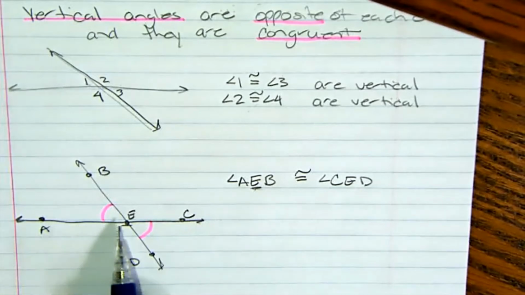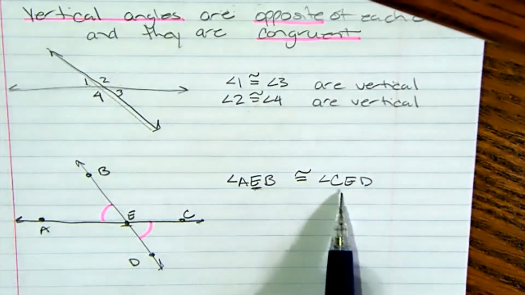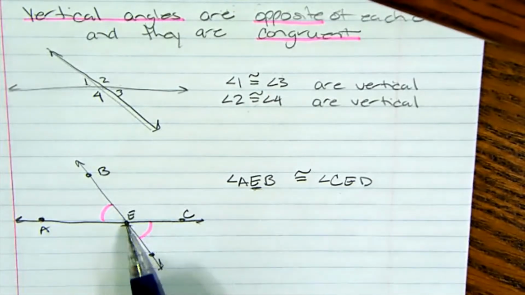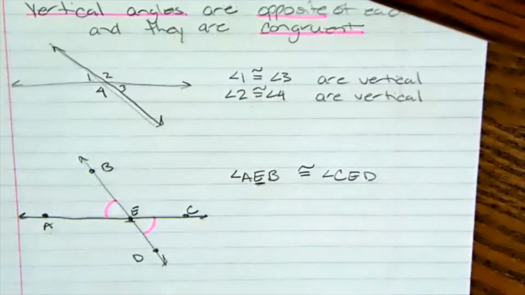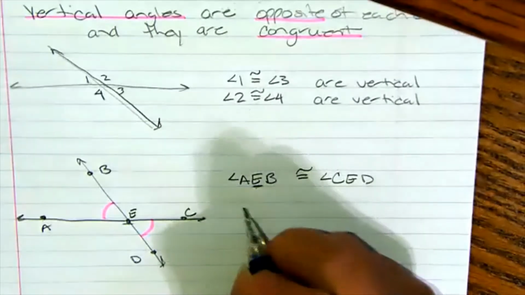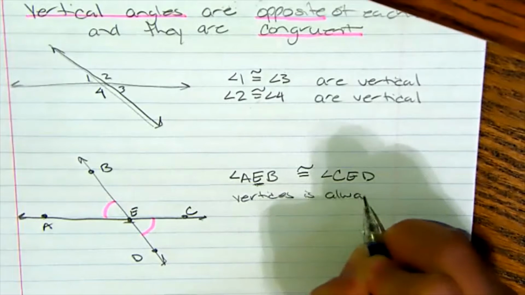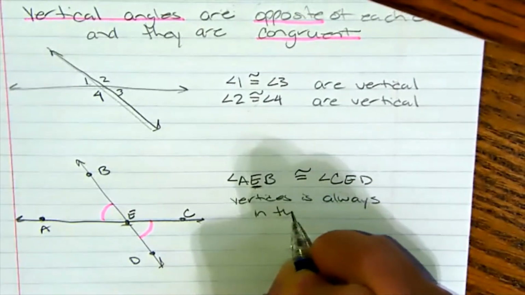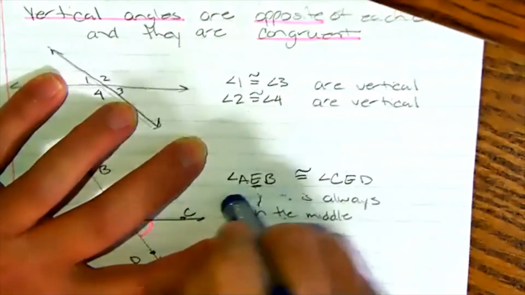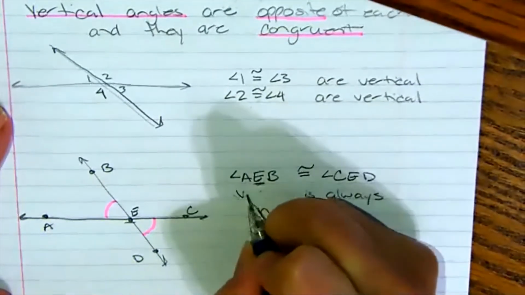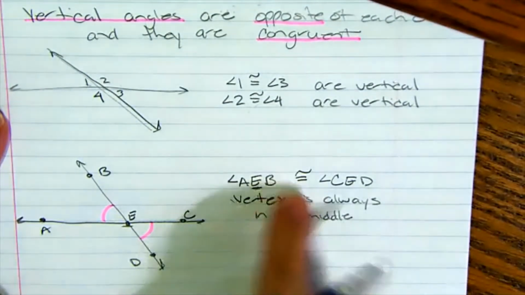So angle AEB is a vertical angle or opposite of angle CED. Therefore, they are congruent. So when we label our angles, the vertex is always in the middle. Or I should say the vertex, because vertices is more than one. So the vertex is always in the middle.